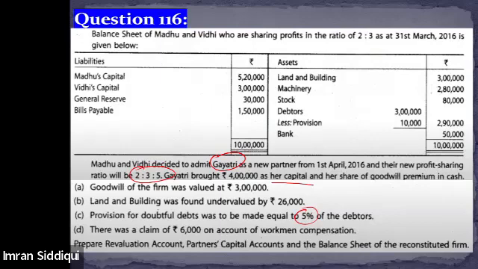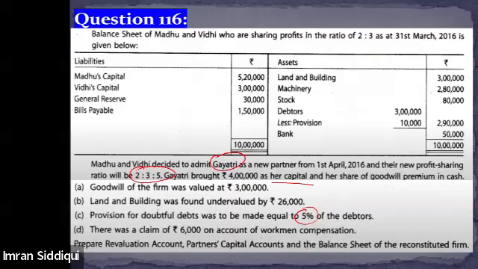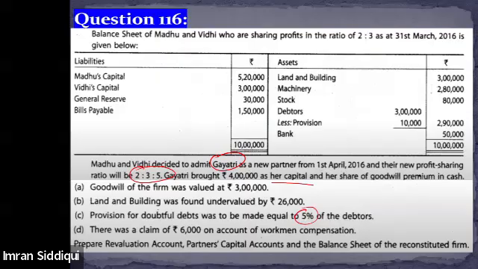Her share in the firm, in the new profit sharing ratio 2:3:5, is 5 by 10. So when you calculate 5 by 10 of 3 lakh, you should get 1,50,000. Her share of goodwill will be 1,50,000.